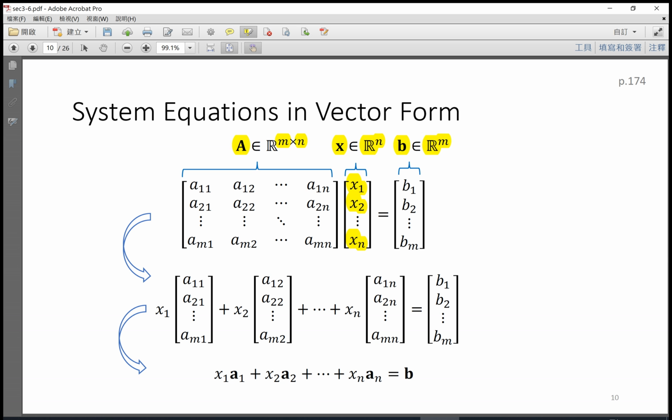We can rewrite the linear equation in the vector form, which is x1a1 plus x2a2 plus up to xnan equals b. Here, a1, a2, up to an are column vectors of matrix A, and x1, x2, up to xn are the variables we want to solve.